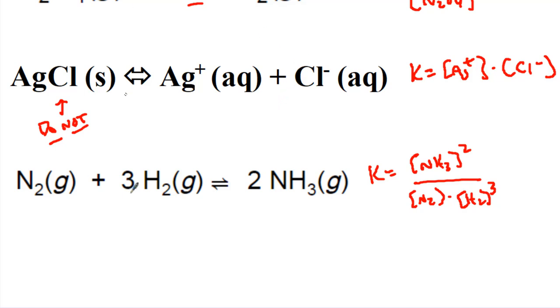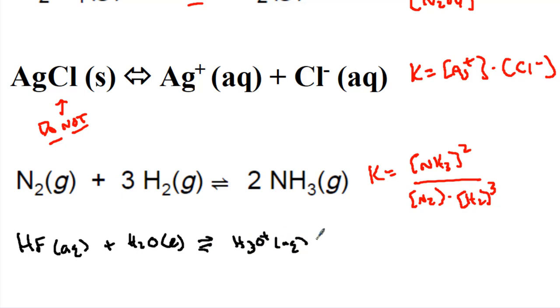One last example: let's say I have HF aqueous plus H2O liquid. I'm going to write the states of matter so it makes sense. We've seen this one before. It gives away the H plus, and we get H3O plus, which is aqueous, plus F minus, which is aqueous.